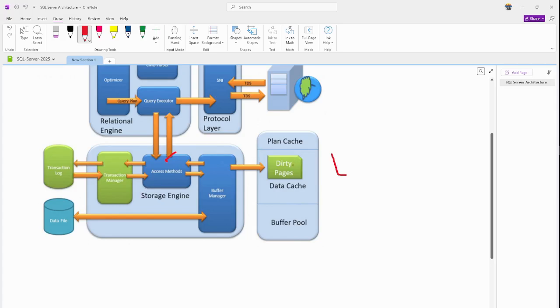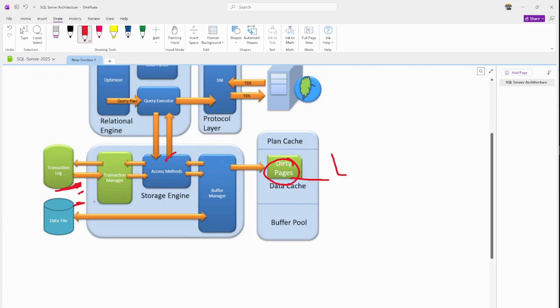Dirty pages in memory are lost instantly. However, the database is safe because of the transaction log. In the recovery phase, when SQL Server restarts, it will scan the transaction logs and a redo will be done.